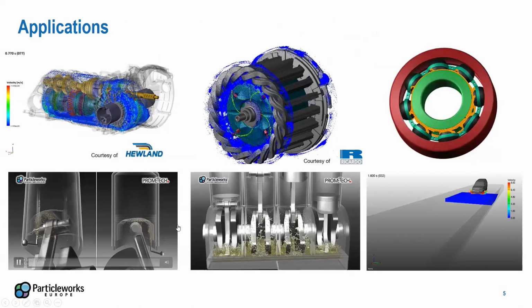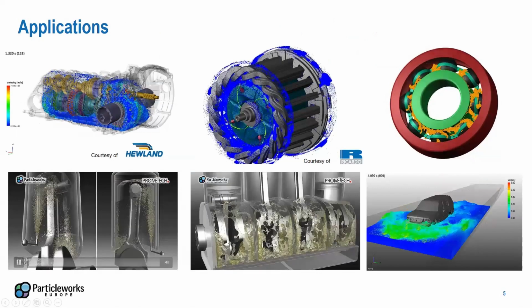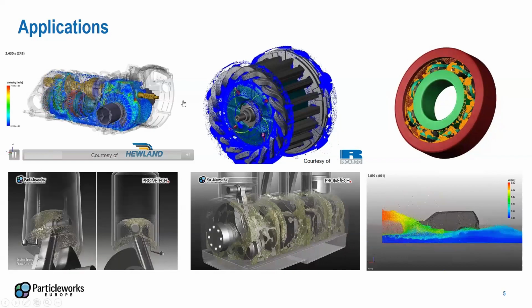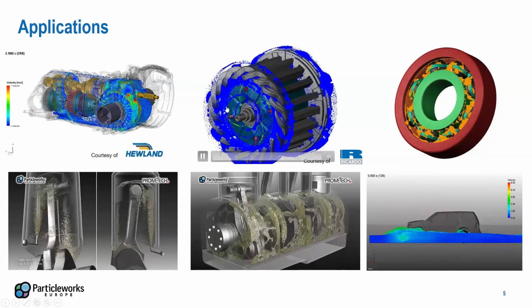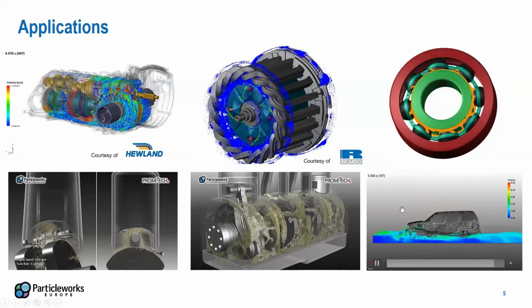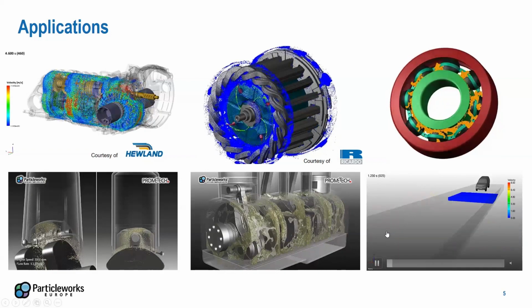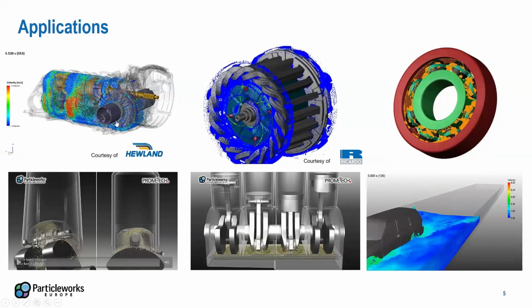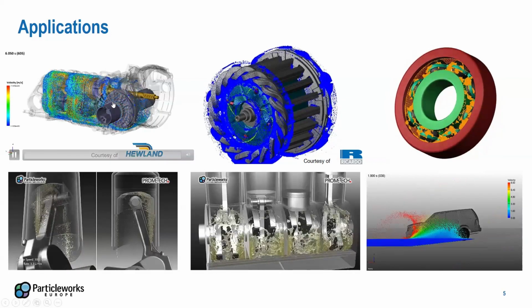Particleworks is widely applied in the automotive sector for splashing or oil jets in e-motor cooling, bearings lubrication with grease, soiling or wading in the automotive sector, like you see here, but also engine and piston cooling applications.